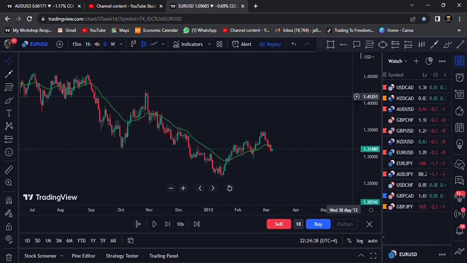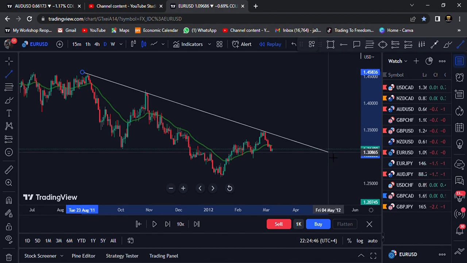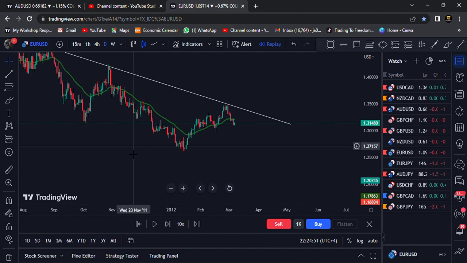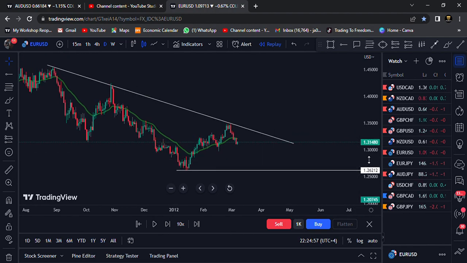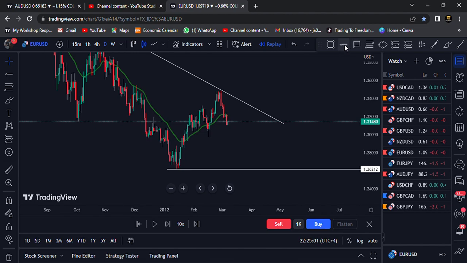Row number one, we look at the direction. Is it going down? Is it selling or buying? So right now the market is in a downtrend. Then we go with our levels. These are our take profit regions.